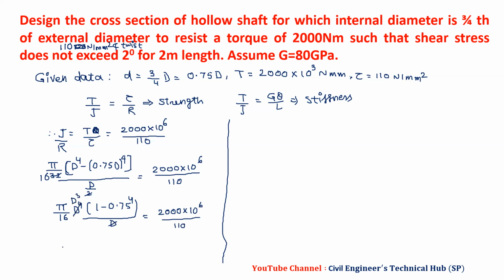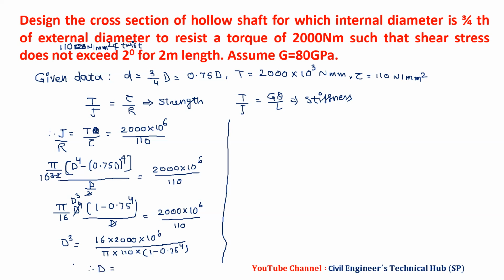And from this we can find D cube. This is equal to 16 into 2000 into 10 raised to 6 divided by pi into 110 into 1 minus 0.75 to the power 4. And therefore from this, we will get value of D.